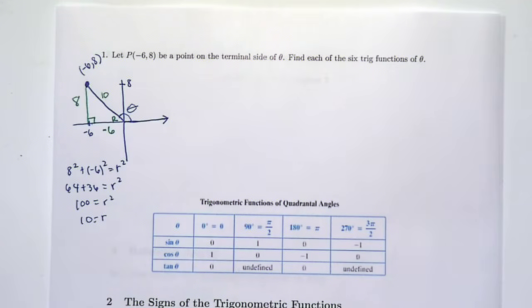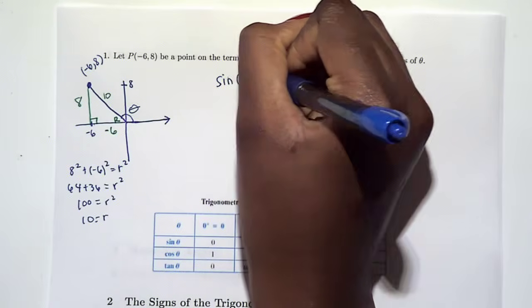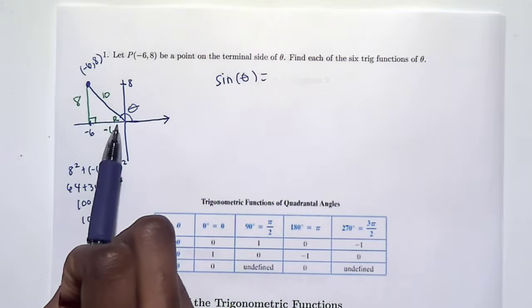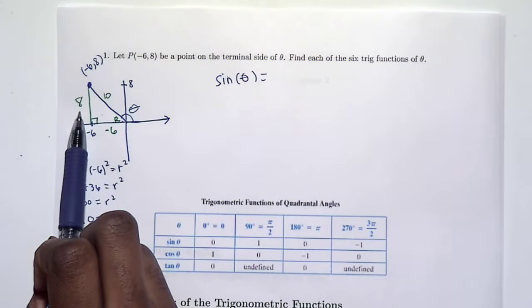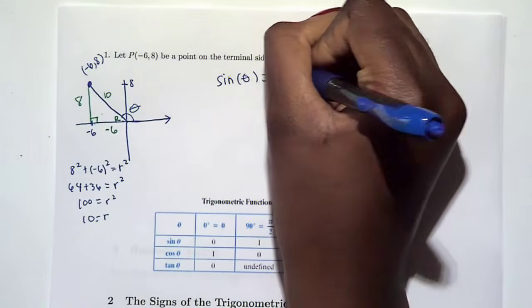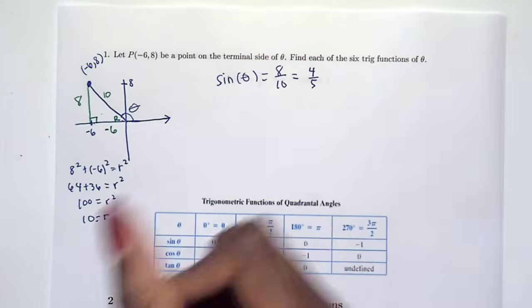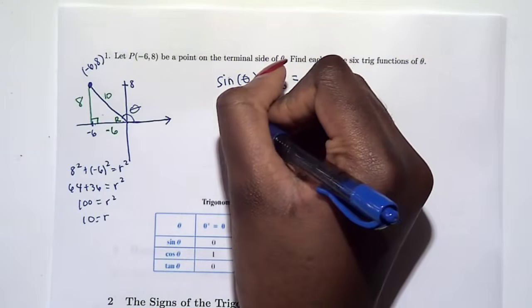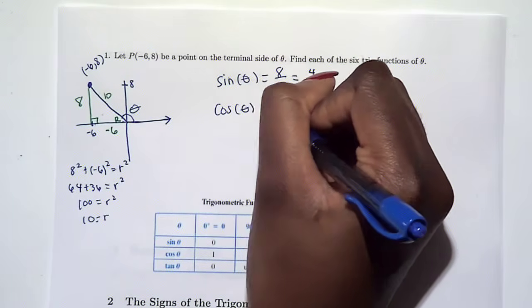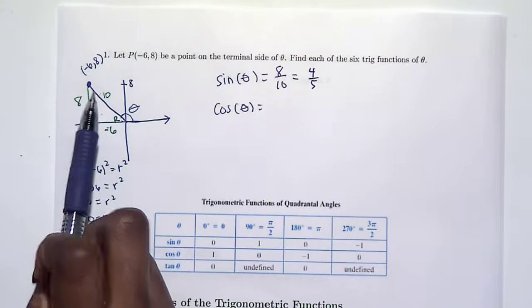All right, so now let's find our trig functions of that angle. Sine of theta, we want opposite over hypotenuse. Cosine of theta, we want adjacent over hypotenuse.